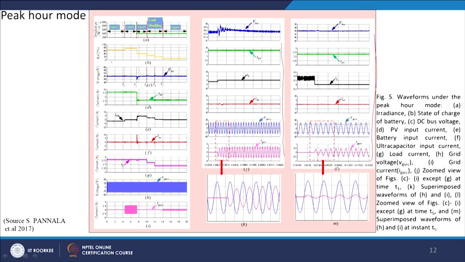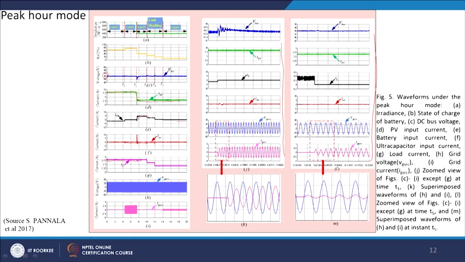You could see the SOC characteristic, this is the irradiation, and you can see the SOC characteristics which keep on changing, and the bus voltage which is at 48 V, this is for your information, and the PV current which is dropping at T2 with different cases, and the battery current which is increasing and further decreasing, meaning it started charging and then discharging. Whereas the ultra capacitor current shows smaller variation.